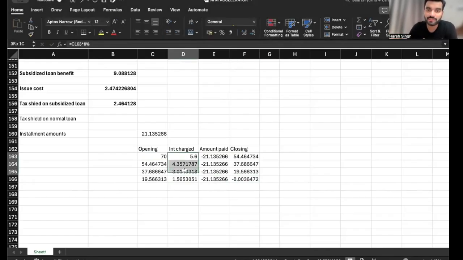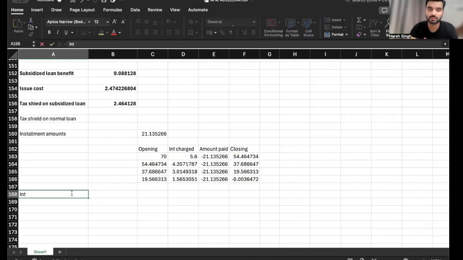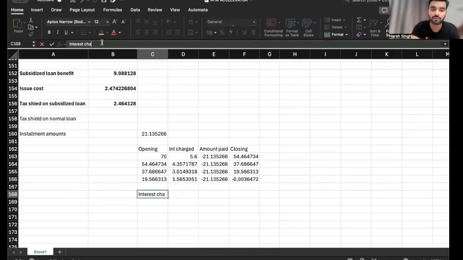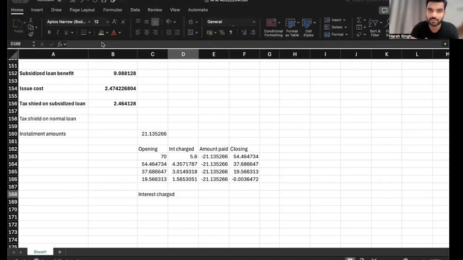Now, this is the interest charge that we have. So I'll find out interest charge. Interest charged. Why?